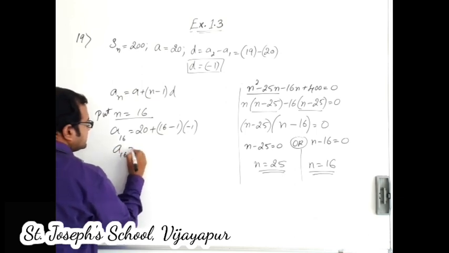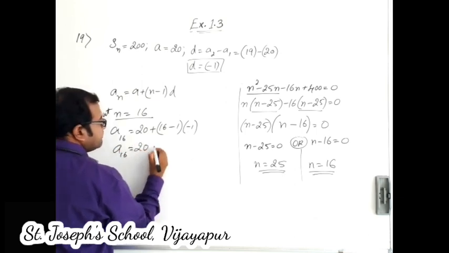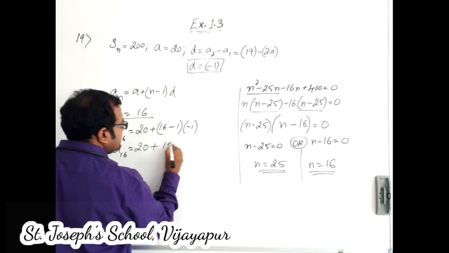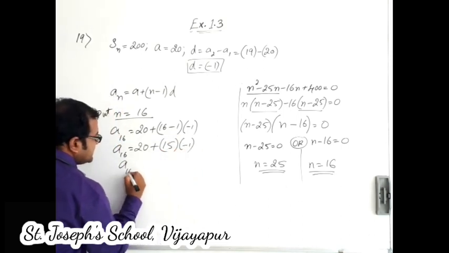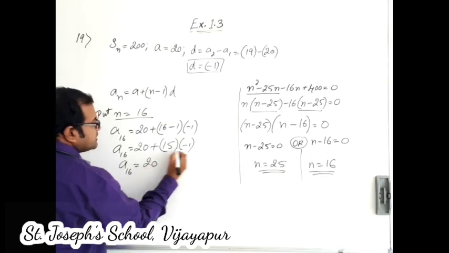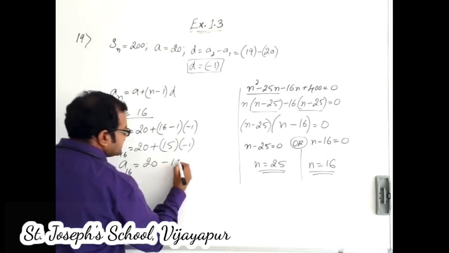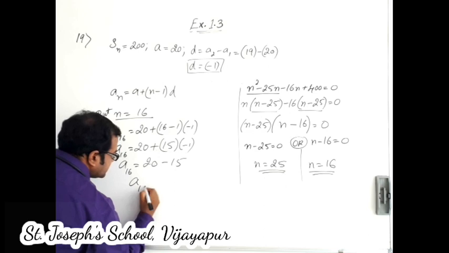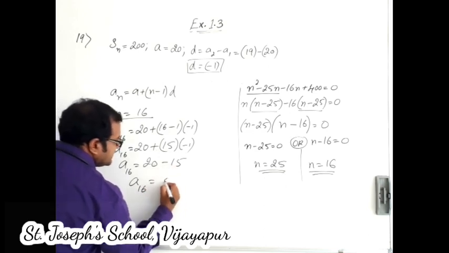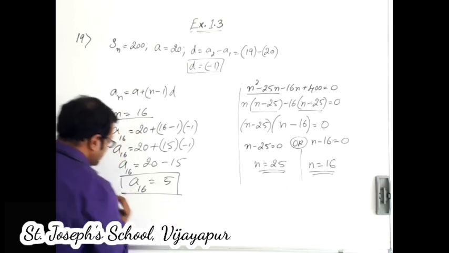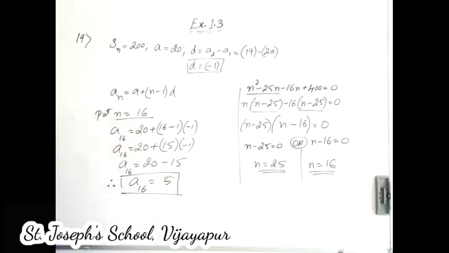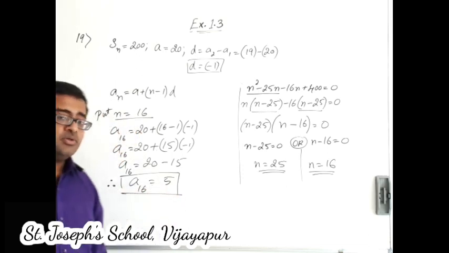So a_16 is equal to 20 plus 15 into minus 1. a_16 is equal to 20 plus into minus, minus 15 ones are 15. So a_16 ultimately is 5, and the bigger number has the sign plus. So this is a possible answer. Therefore a_16 is equal to 5.